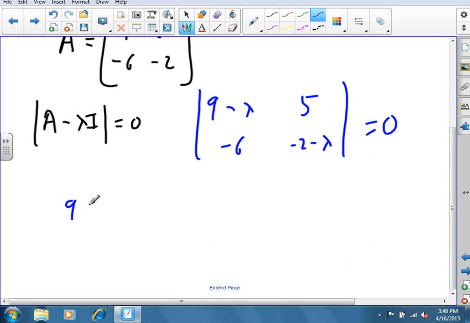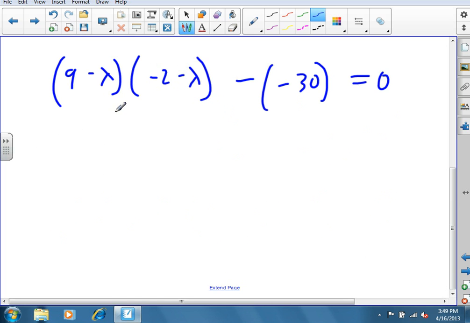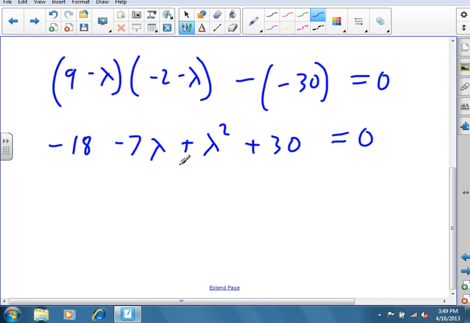Okay, so I got 9 minus lambda times minus 2 minus lambda minus a minus 30 is 0. Okay, so I got minus 18, minus 7 lambda plus lambda squared plus 30 is equal to 0. Okay, so I got lambda squared minus 7 lambda plus 12 is equal to 0.